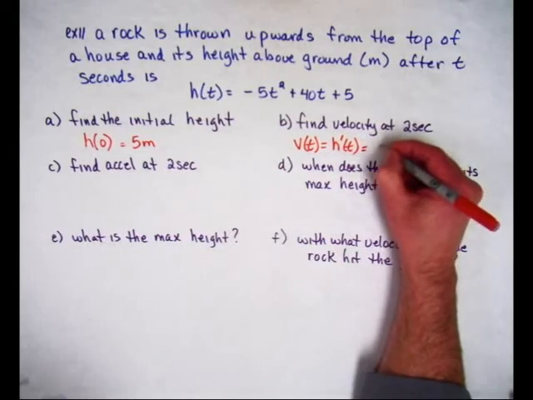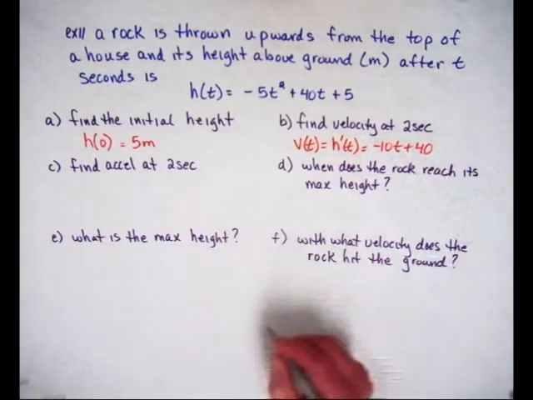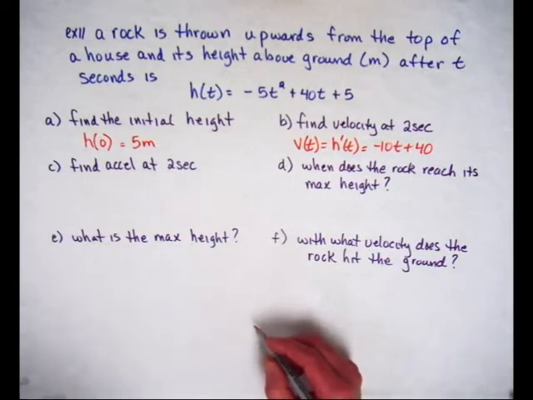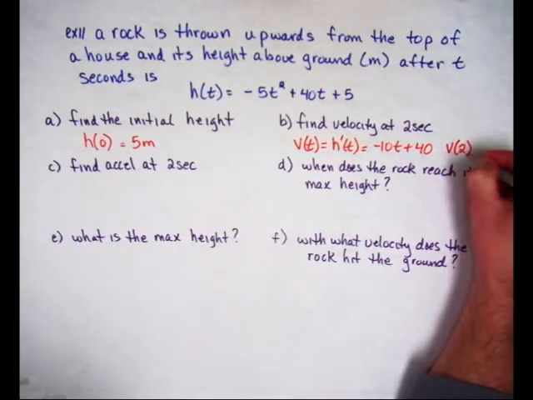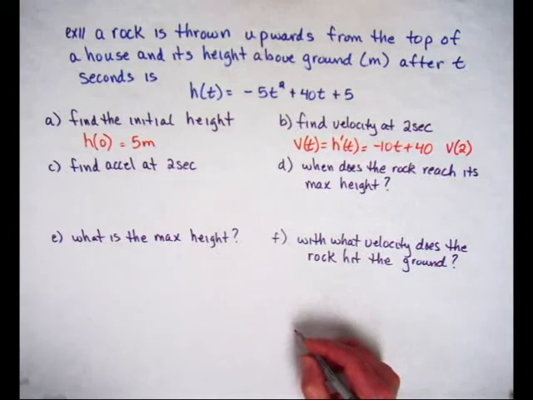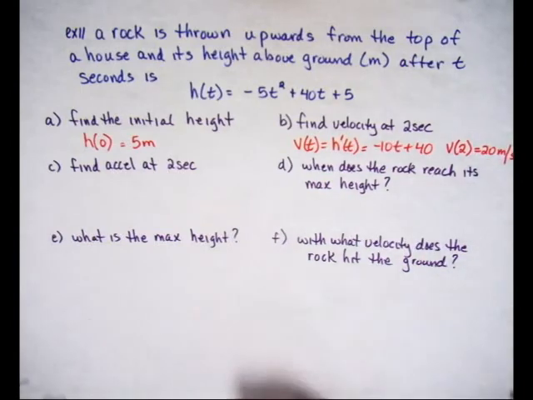So using our power rules, we get negative 10t plus 40. That would be our velocity function, and the question wants us to find the velocity at 2 seconds. So the velocity at 2 would just be v at 2, which would give us 20, and the units would be meters per second.